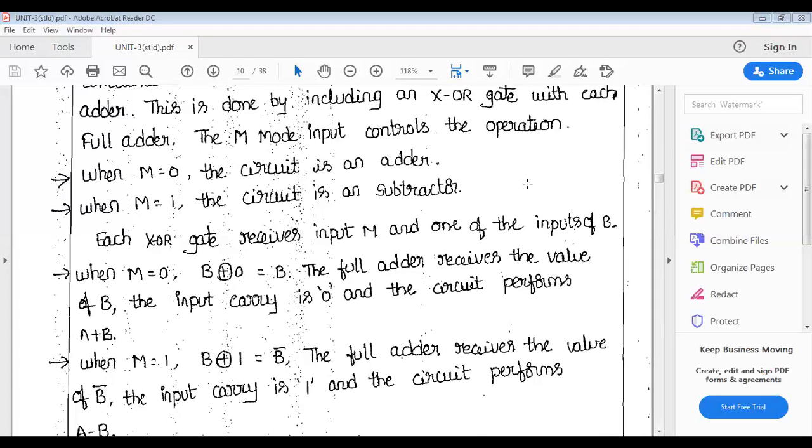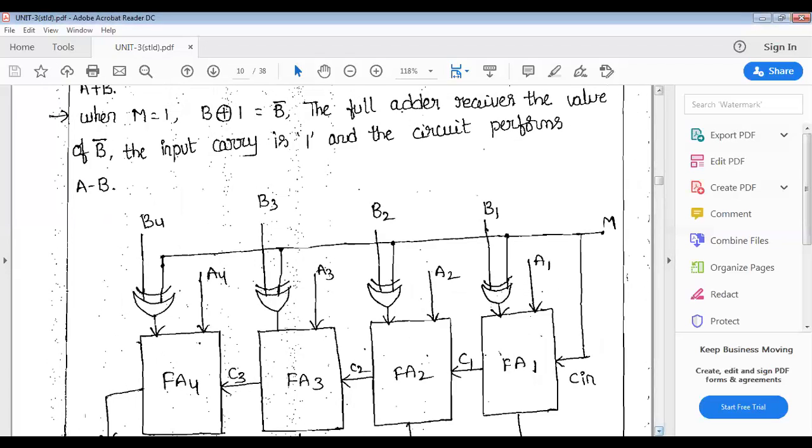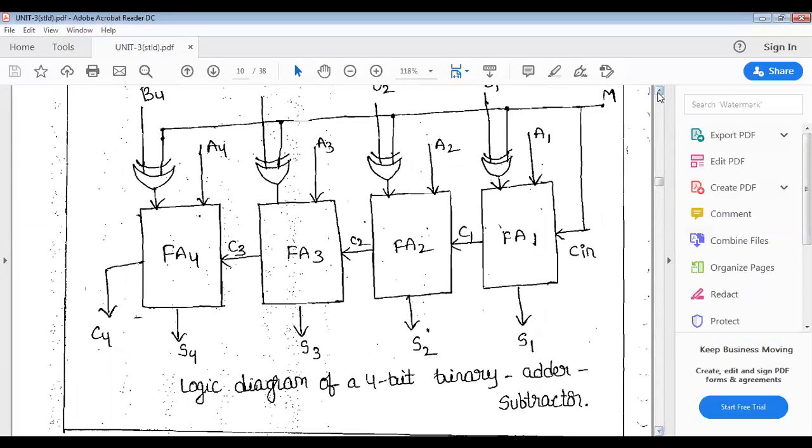The full adder receives the value of B bar, the input carry is 1, and the circuit performs A minus B. Within the same circuit, it performs the addition operation when M is equal to 0, and the subtraction operation when M is equal to 1. To perform these 2 operations, I changed the 4-bit binary parallel adder with an exclusive OR gate. Let us see the block diagram.